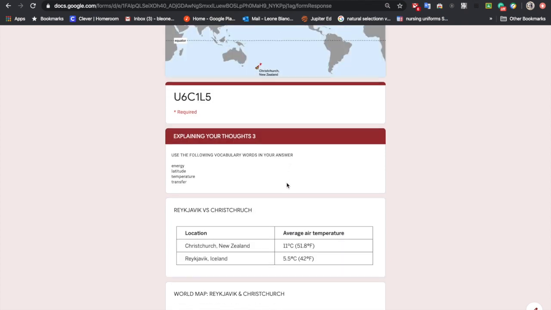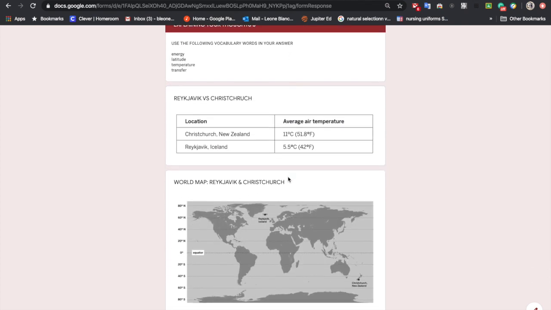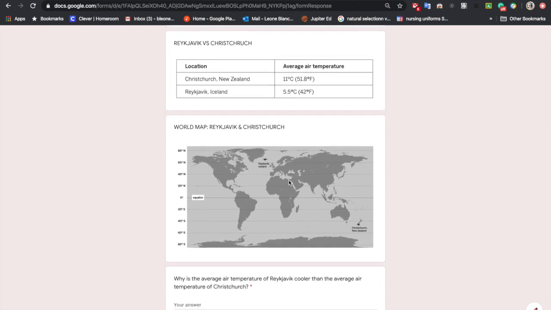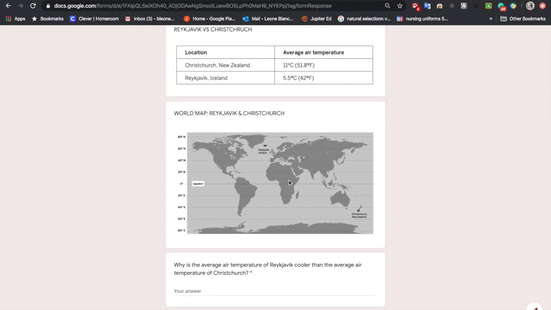which is our final explaining thoughts, number 3, which compares Reykjavik, Iceland, and then again Christchurch, New Zealand. Now, what's different here is that in Iceland, the temperature is actually cooler. So we're lower than New Zealand.